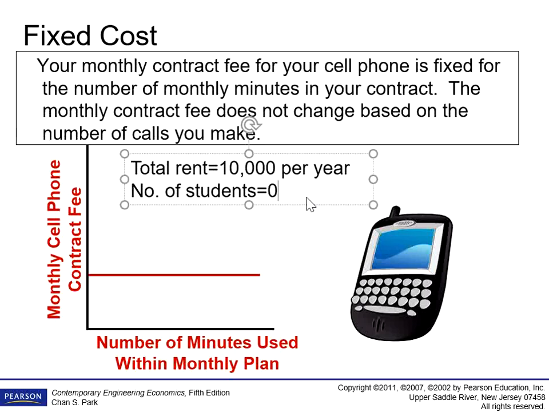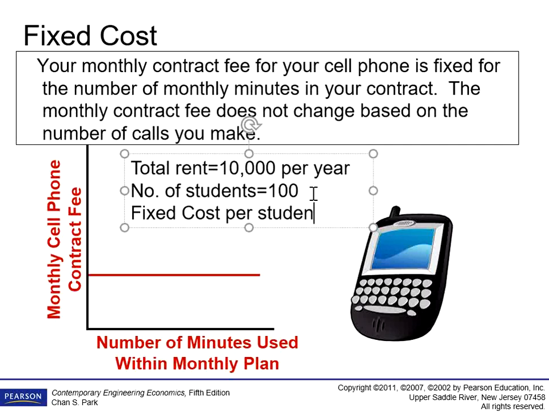Let's say the number of students is 0. What is the rent? It is the same, 10,000. If I have, let's say, 100 units for my class, it is the same thing. So total rent or total fixed cost remains the same. What about fixed cost for one student, per student?